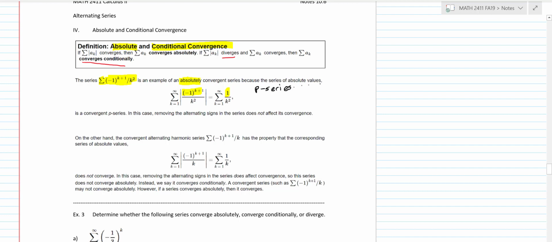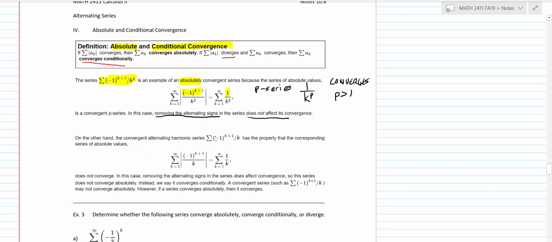Remember, a p-series is 1 over k to the p, and it converges when p is greater than 1. That's something you want to know. So that 2 is greater than 1, therefore that converges. So we would conclude that this converges absolutely. If you think about this, in this case, removing the alternating signs by taking the absolute value does not affect the convergence of the series, so we consider that to be converging absolutely.